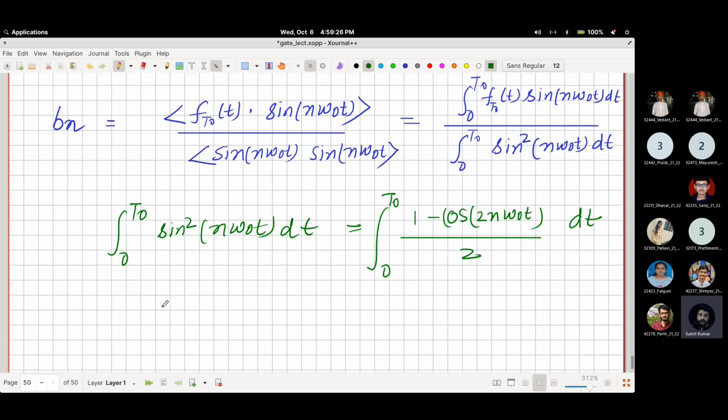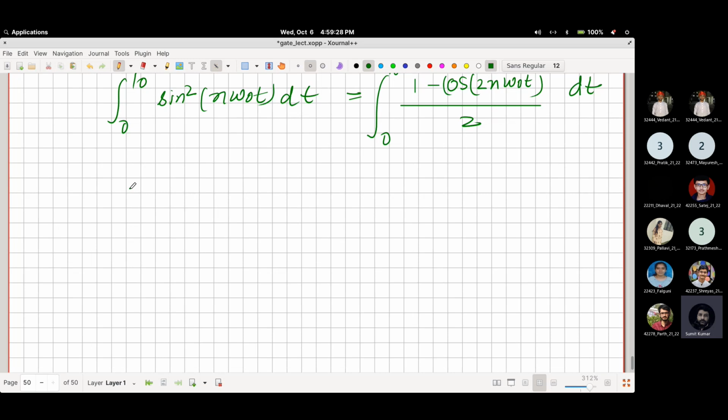So what we will be ending up with is kind of the same thing, isn't it? Now we are integrating from 0 to t naught half dt here, and then minus integral from 0 to t naught, half let me take outside, cos 2n omega naught t dt.